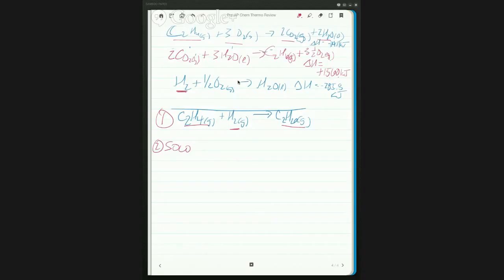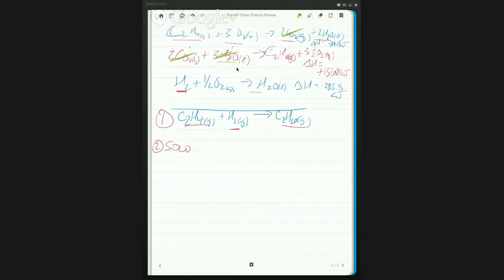Now, do we need to multiply by 2 or divide by anything to get these to cancel out? Let me take a look at them. I'm going to switch to a brighter color to cancel out. Let's go with green. I've got 2 CO2s here and 2 CO2s there. They cancel out. I have 3 waters right here, and I have 1 water there and 2 waters there, and they are liquids, so that actually cancels out.